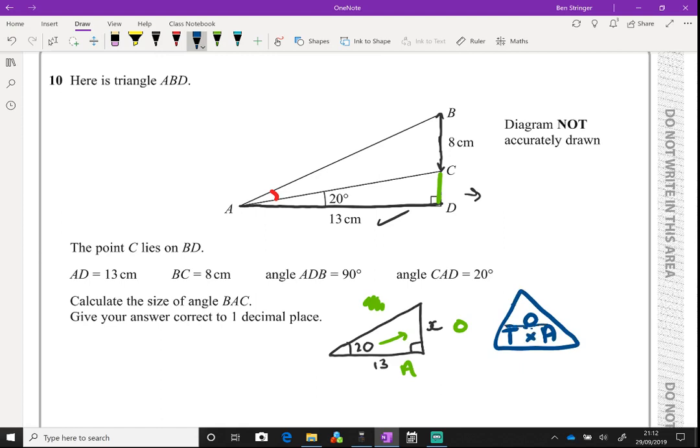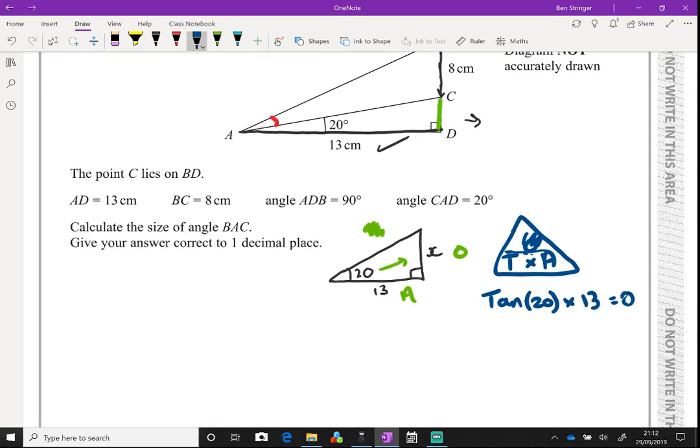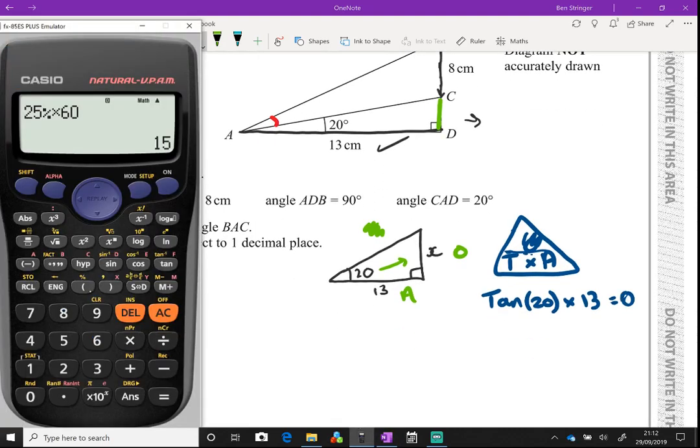So I'm trying to find O, I need to do tan of the angle times the adjacent length, that's O. Tan of 20 times 13 is 4.7316.